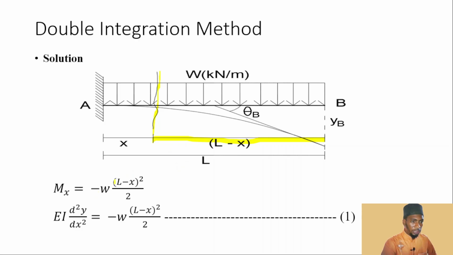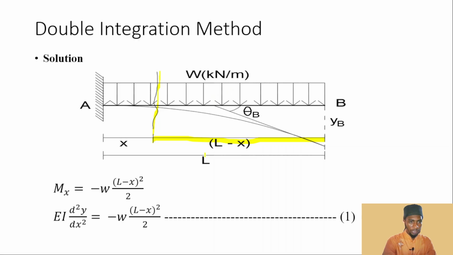So we have W times L minus X squared all over 2. How do we determine the L minus X squared over 2? The first thing is to convert this to an equivalent point load. Converting means you multiply it by the span, which here is just L minus X, so we have W times L minus X. Then the load acts at half of the span, at the middle of the span.